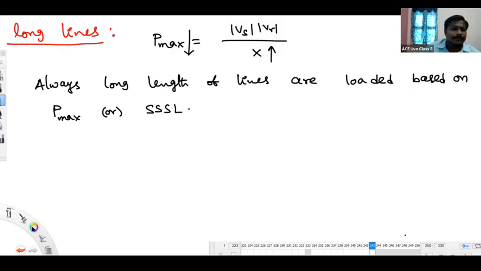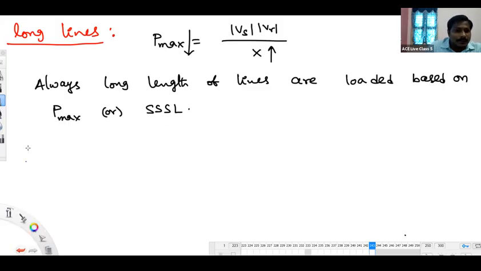Next thing. Let's think about this long line a little bit more. Particularly, I'm talking about EHV lines and UHV lines, that is, 400 kV and 765 kV lines, very long lines, maybe of 300 kilometers, 250 kilometers in that range.